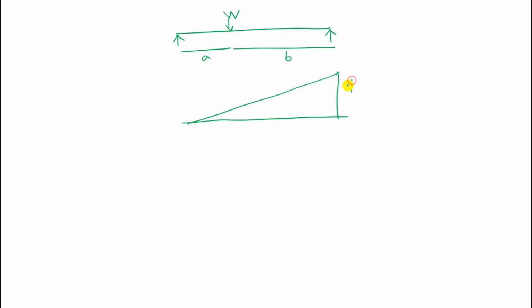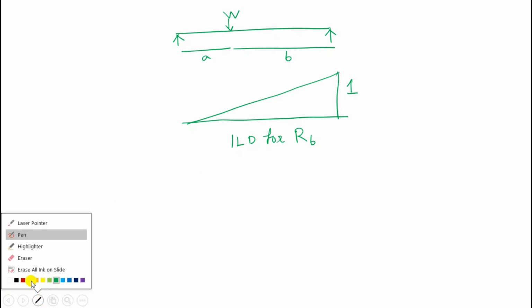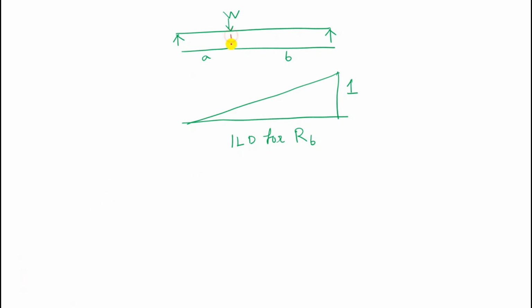And this value is 1. So this is the influence line diagram for RB. Now draw a vertical line here, and you need to calculate this distance. Say this is x1.